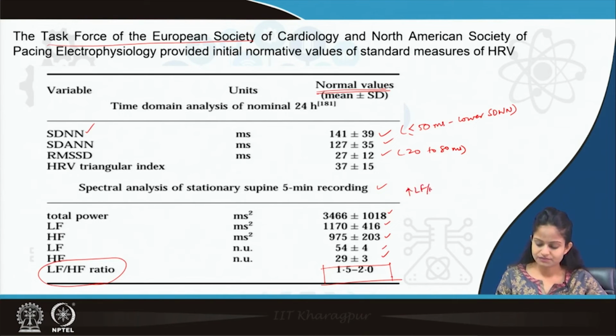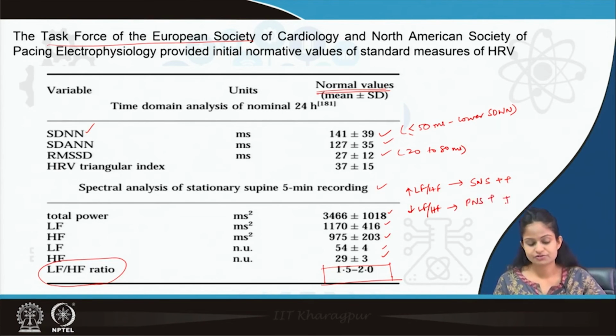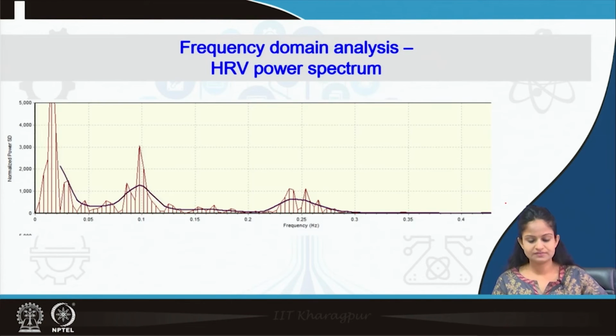An increase in the LF/HF ratio means sympathetically predominant, and a decrease in the LF/HF ratio means parasympathetically predominant. So, this is the task force of the European Society of Cardiology, which has given some normative values of the standard measures of HRV or heart rate variability.